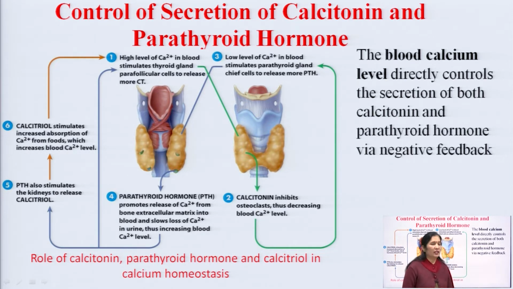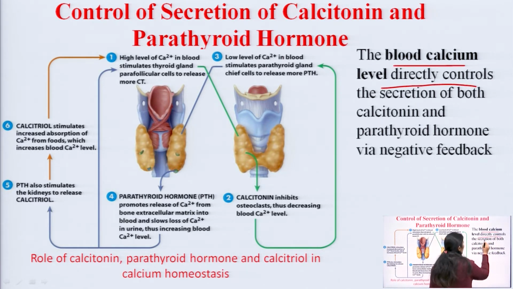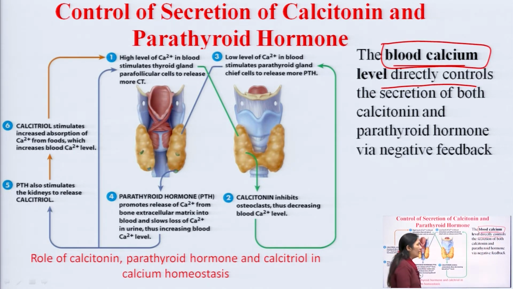The blood calcium level directly controls the secretion of both calcitonin and parathyroid hormone via a negative feedback mechanism. So, this flow diagram shows the regulation of secretion of calcitonin and parathyroid hormone and how they produce their action.